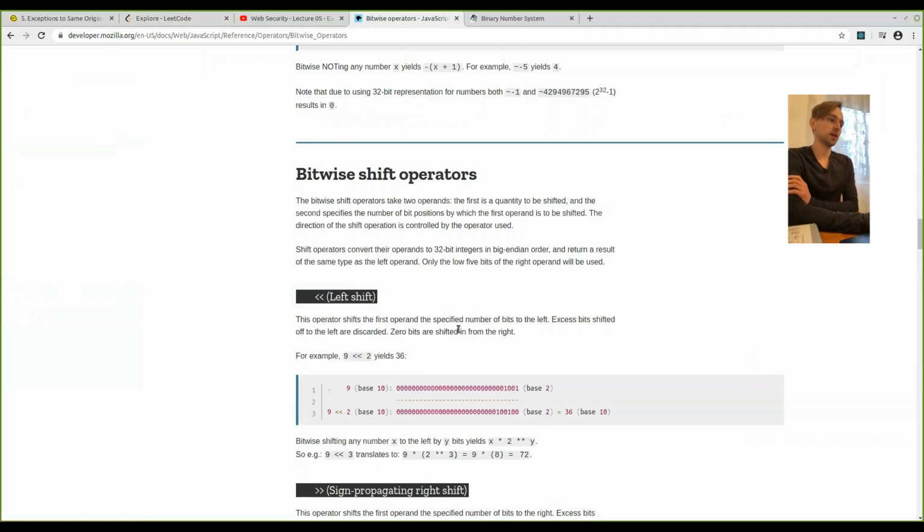The bitwise shift operator takes 2 operands. The first is a quantity to be shifted, and the second specifies the number of bit positions by which the first operand is shifted. So we shift by 1 each time.